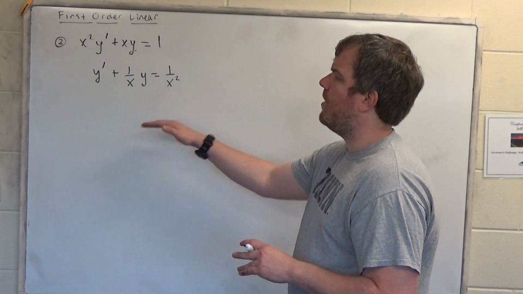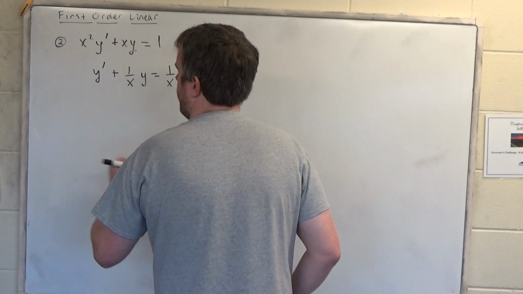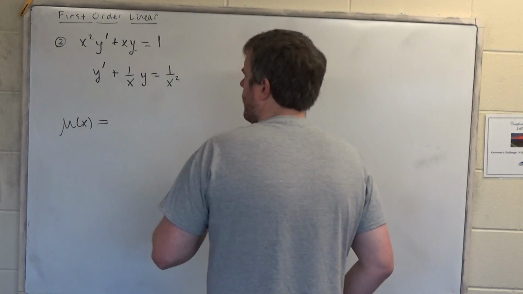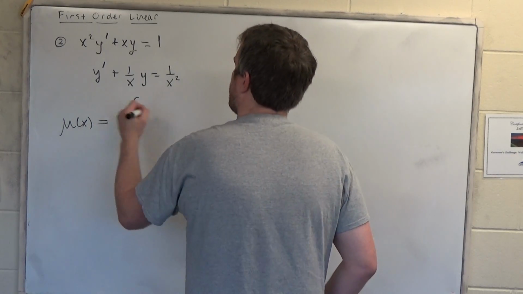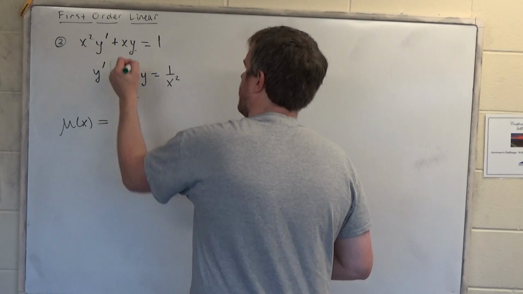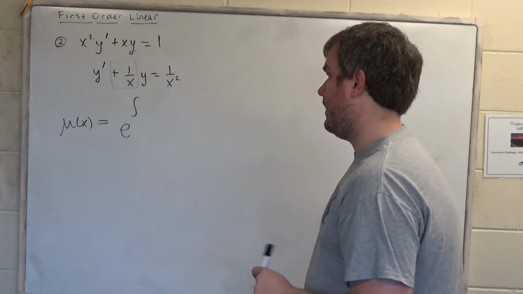Okay, so once we have it in standard form, we continue, and the next step is to find the integrating factor mu. The integrating factor is e to the integral of whatever is multiplying y, and you keep the sign. So if it was minus 1 over x, we would keep minus 1 over x.